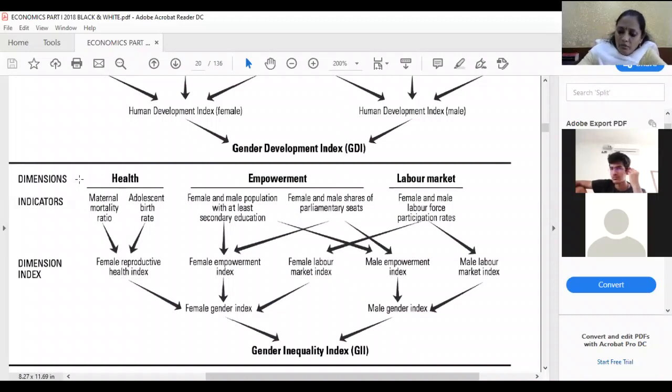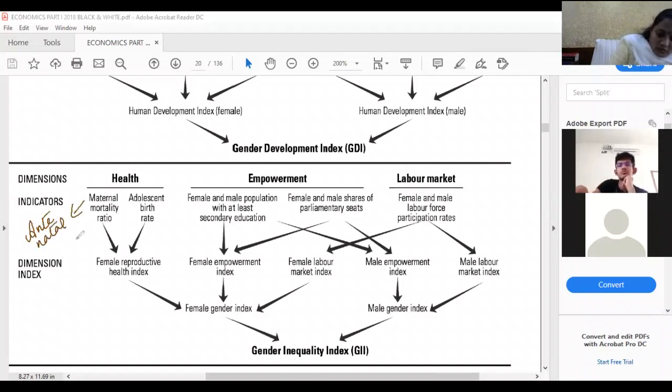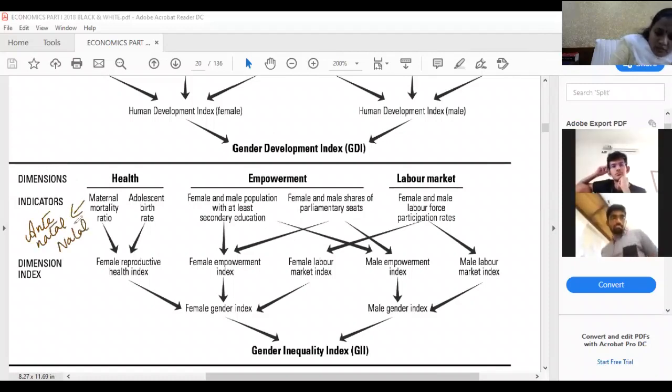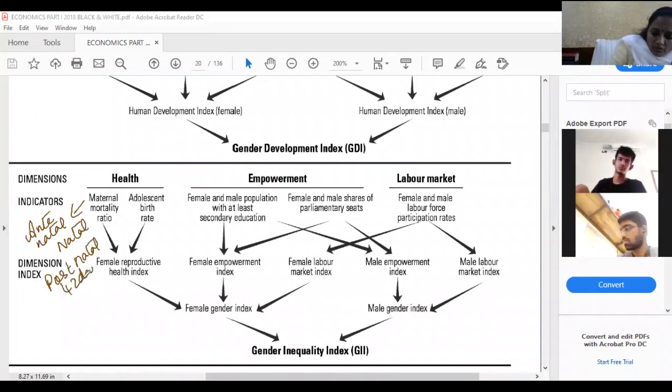Natal is baby, right? So if I have to write this: antenatal, natal, which is at the time of delivery, and postnatal, which is 42 days after delivery.